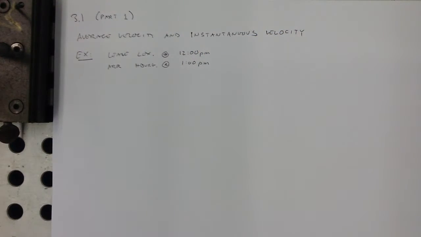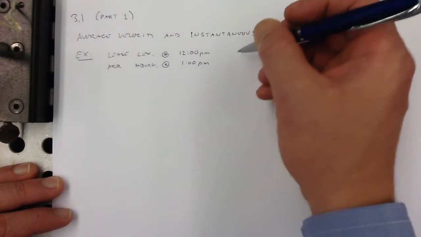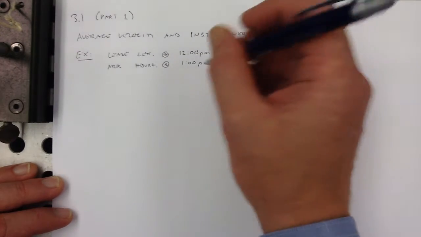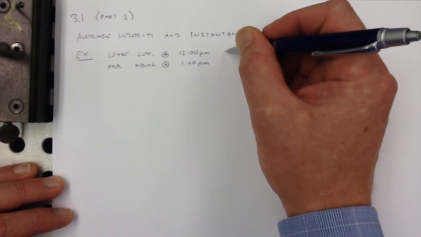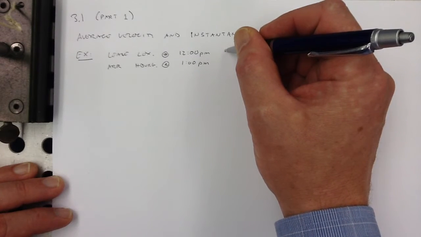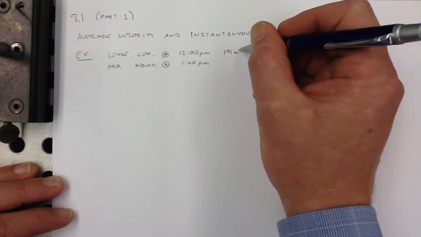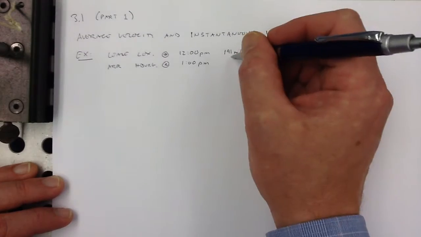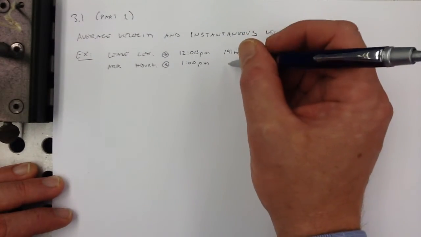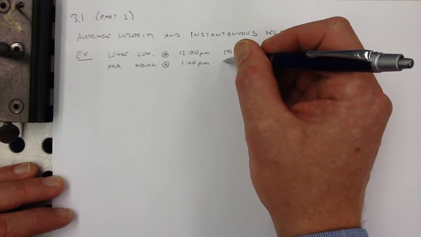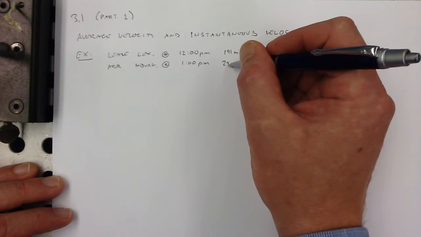And from Lexington to Harrisonburg, it's about 60 miles. So let's say, well, we'll do the mile markers. Let's say you get on at mile marker 191, and that's where you get on the highway leaving Lexington. And then you get to Harrisonburg at mile marker 247.